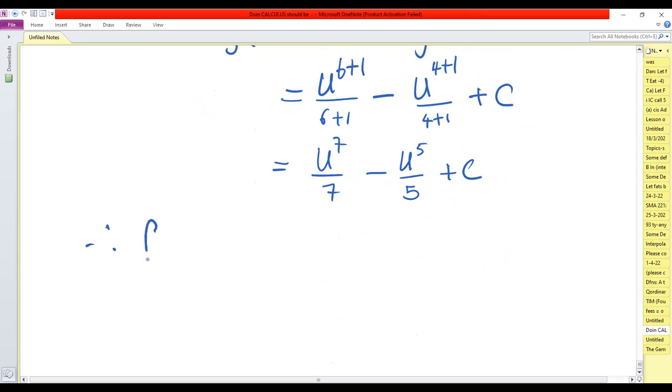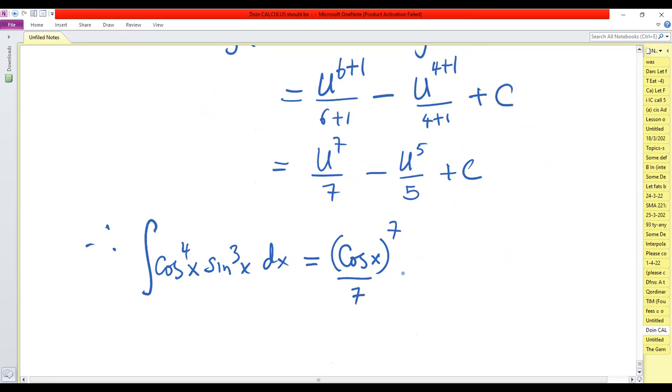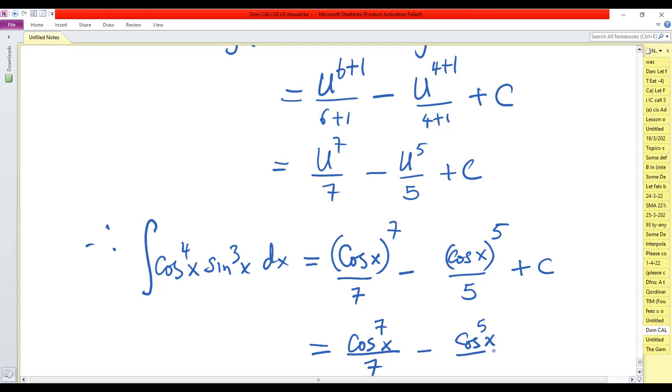So therefore, the integral of cosine power 4 x sine power 3 x dx will be, remembering u is the same as cosine of x, cosine of x power 7 over 7 minus cosine of x power 5 over 5 plus c, which is the same as writing cos power 7 x over 7 minus cos power 5 x over 5, and then plus c. So that is how we were to respond to this question.